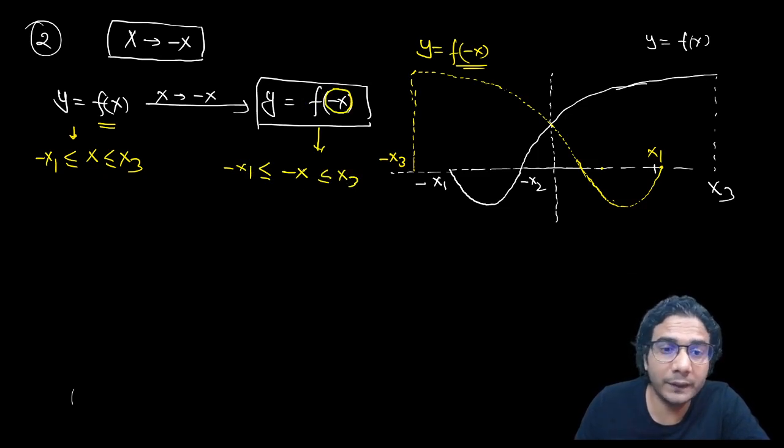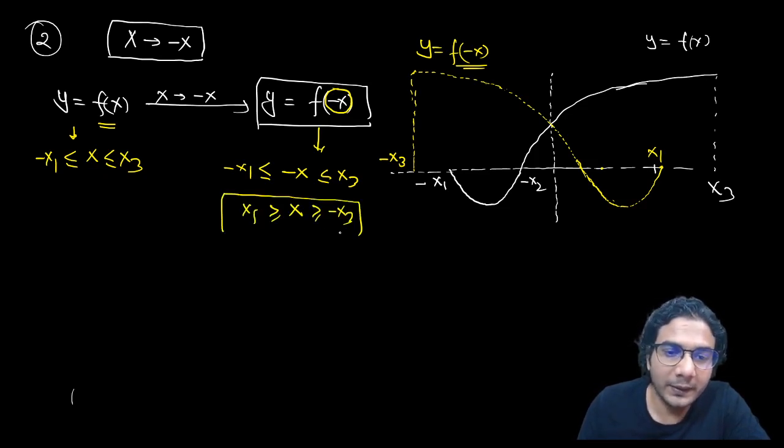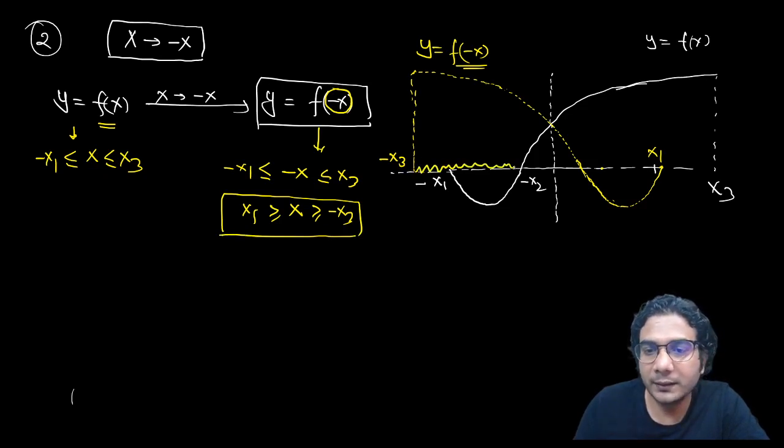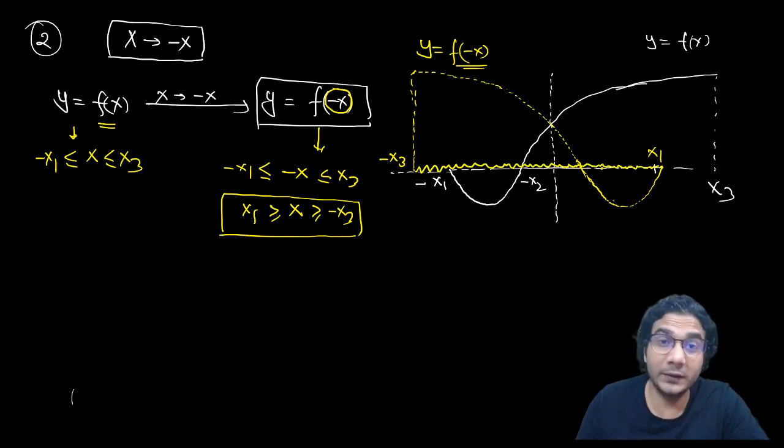That is the domain of f, right? So if you simplify, you'll get x less than or equal to x1 and greater than or equal to minus x3. So this is the new domain, minus x3 to x1. In this way, you can find the new domain of the function.